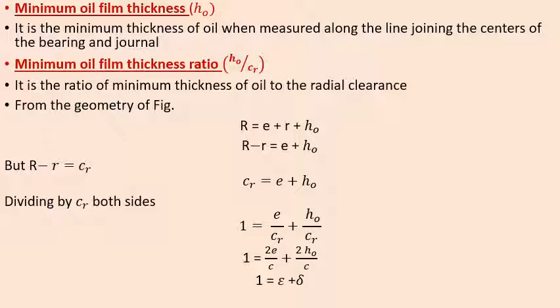So therefore substituting in place of 2e by C epsilon, and plus again this term 2h0 by C or 2h minimum by C is nothing but the minimum oil film thickness variable, that is delta. So we can write it this way: 1 is equal to epsilon plus delta, or delta is equal to 1 minus epsilon. This is the expression that we get from the geometry of this bearing.